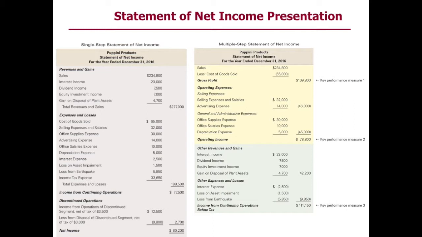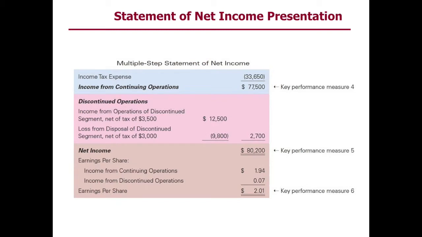This statement is so much longer than the single step that I have to put the second part on the next slide, so then we can continue forward with the fourth key performance measure, which is income from continuing operations. The fifth key performance measure was net income, and the last key performance measure was earnings per share. And again, that is the difference in a multi-step and the single-step income statement.